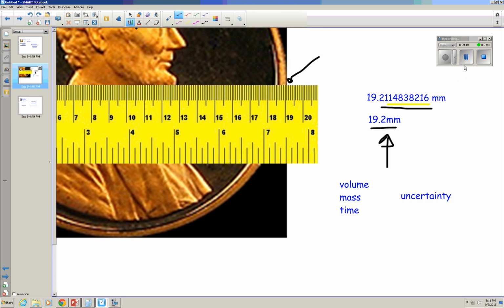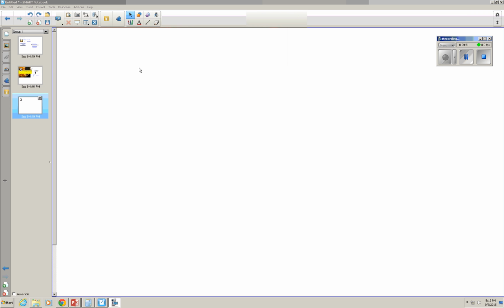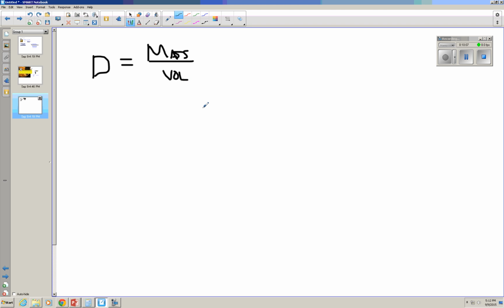Okay, I'm going to change gears. Okay, so this is why we do this. Let's talk about something like density. I know you all know what density is. Density is equal to the mass of an object divided by its volume. Mass over volume. Okay?